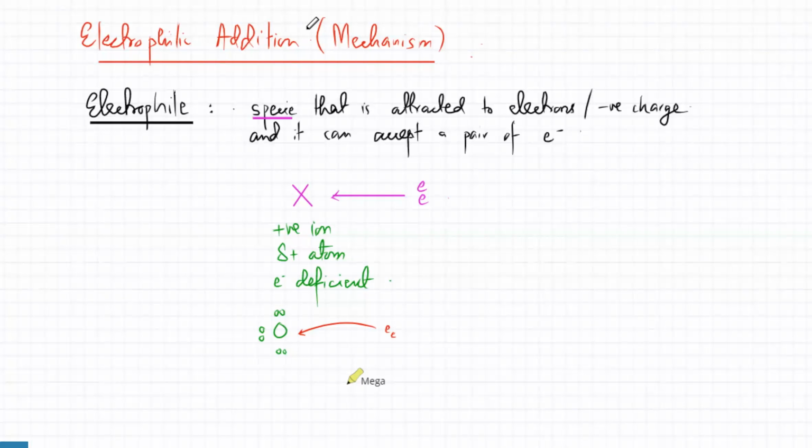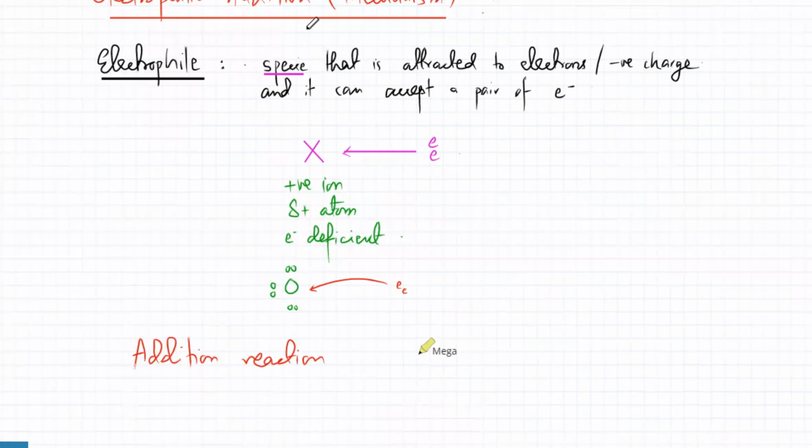Then you have the type of reaction. It's an addition reaction. In addition reactions, things get added and no byproducts are produced. You usually have 2-3 types of reactions. You have substitution, you've got addition.